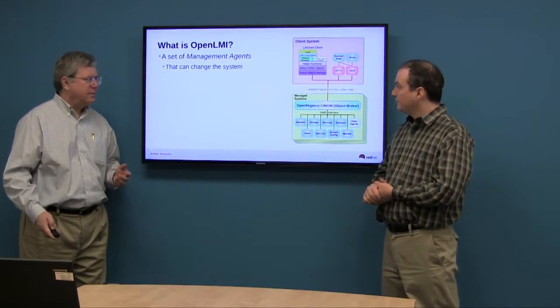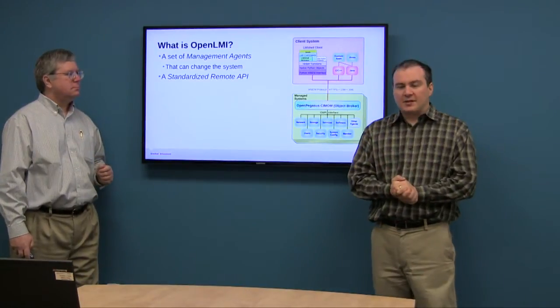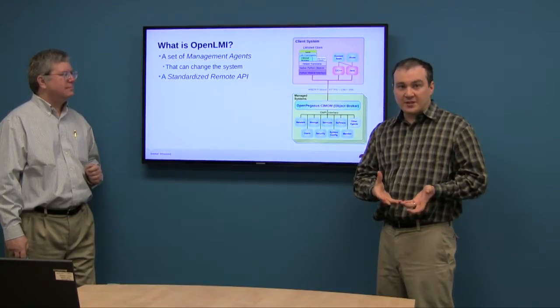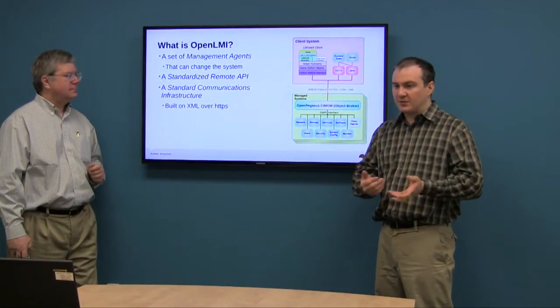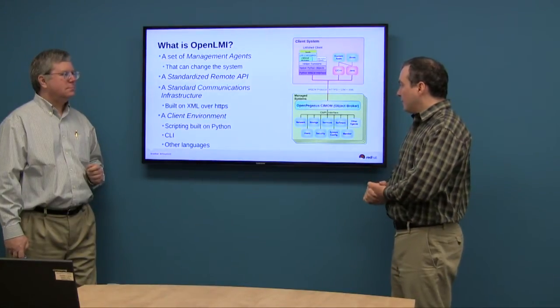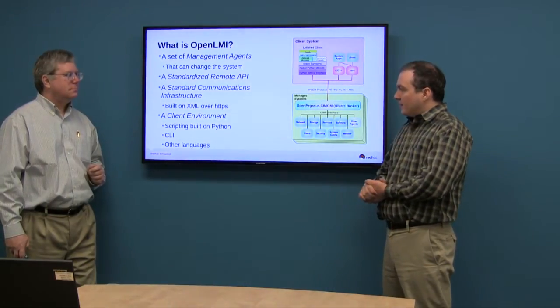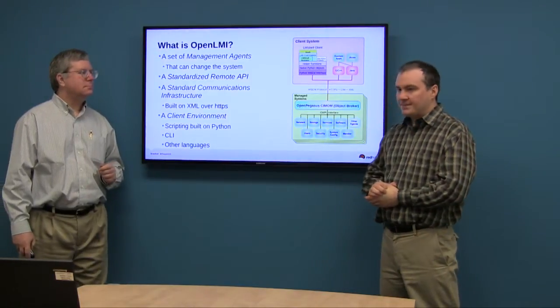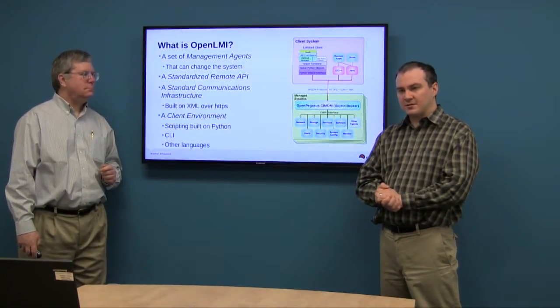Yep, that's correct. It also provides a standardized remote API in the form of XML over HTTPS, or specifically SIM WebM. It also provides a scripting environment based on Python and providing a CLI that can interact with the systems.